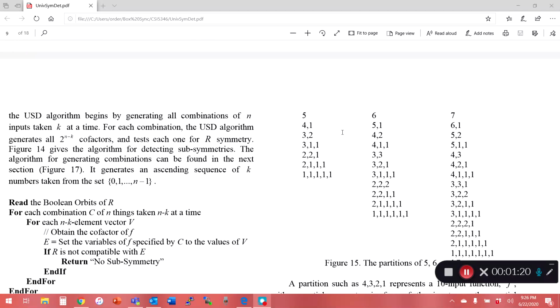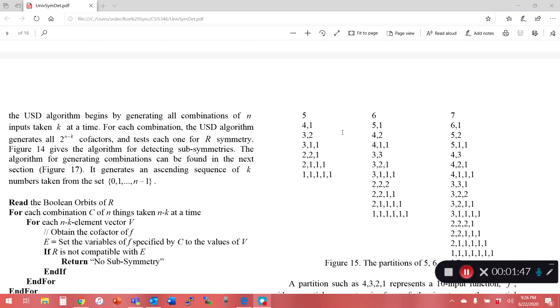That means we have a partial symmetry in 4 variables and 1 independent variable that isn't symmetric with any other variable. On the second line, we have 3, 2: a partial symmetry in 3 variables and another partial symmetry in 2 variables, and so on as I go down through this list.